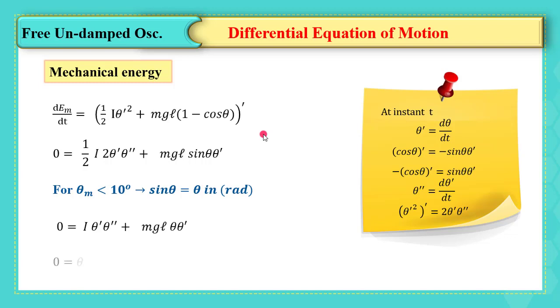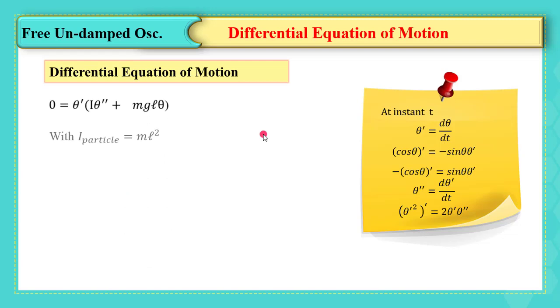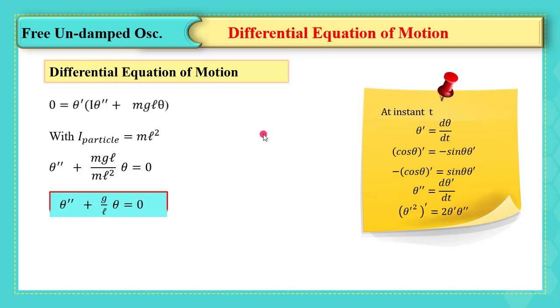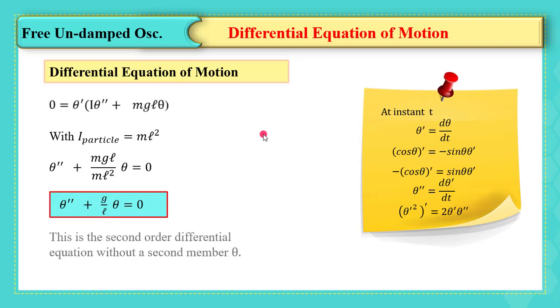Take theta prime common, with theta prime not 0, and using the expression of the moment of inertia of the particle as m L squared and replacing it in the differential equation, we can get finally theta double prime plus g over L theta equals 0, and this is the second order differential equation without a second member for the simple pendulum.